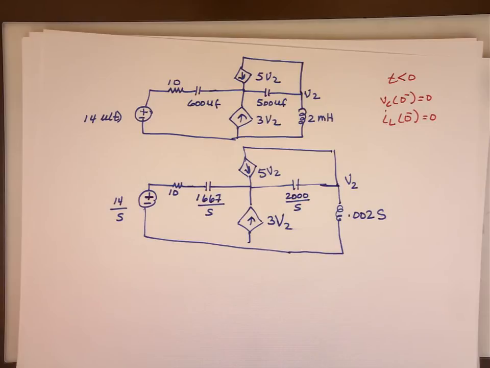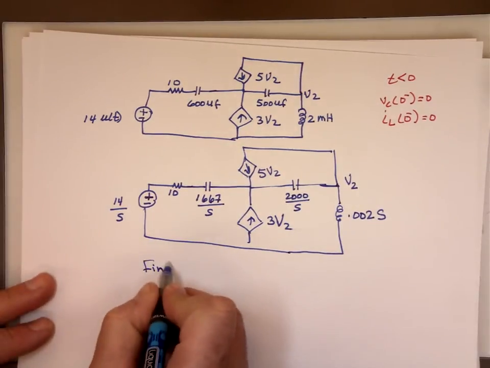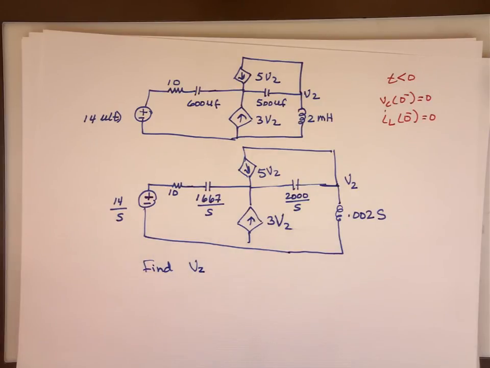And the question is, assuming no energy initially stored, well, obviously from the circuit, determine the value of V2. So find V2. Then after that, they say, okay, if t equals 1 millisecond, t equals 100 millisecond, t equals 10 second. So you can plug it in.